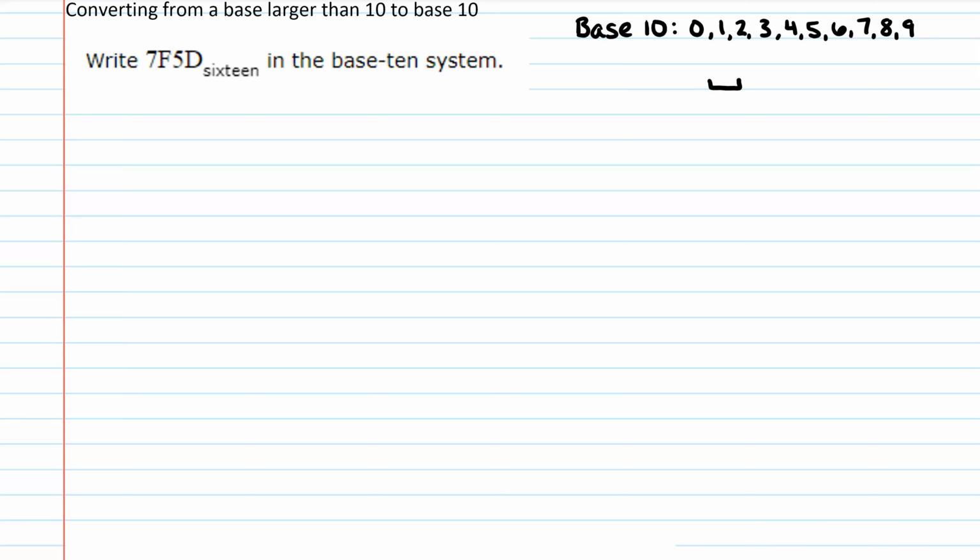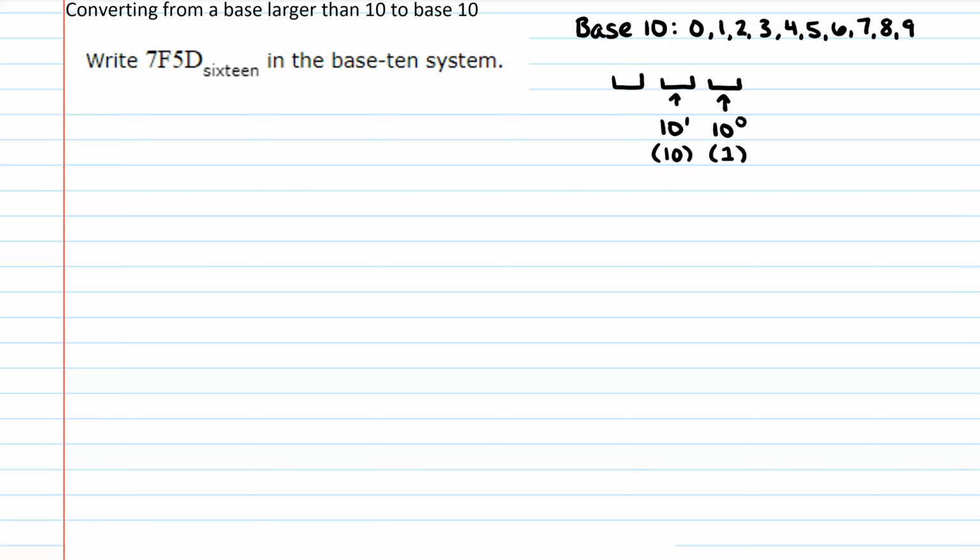So your first digit is 10 to the 0 power, or 1. Then moving to the left, your second digit is 10 to the first power, which is tens.